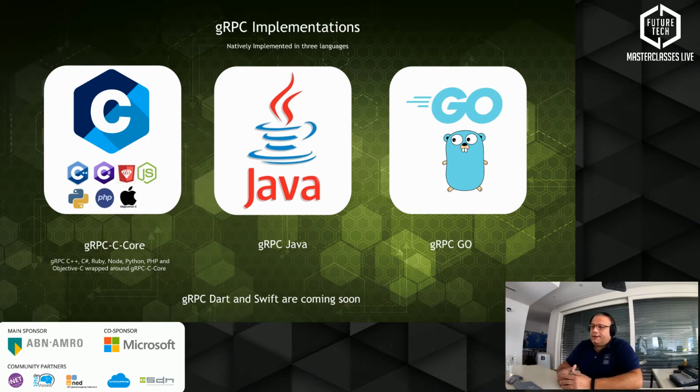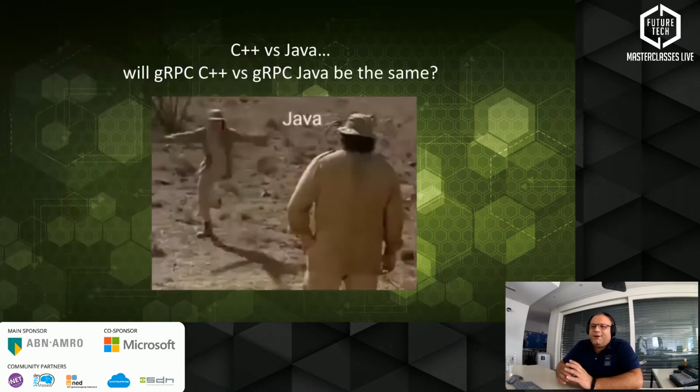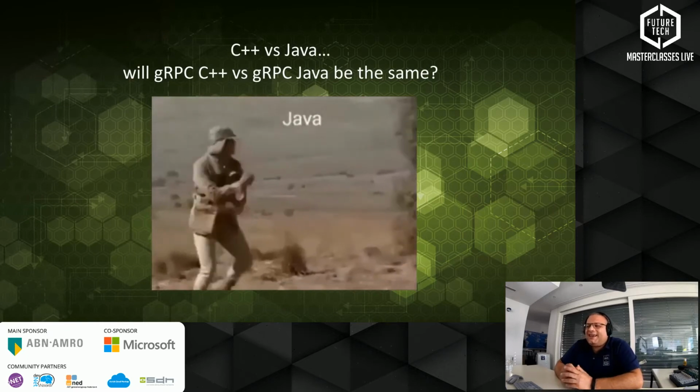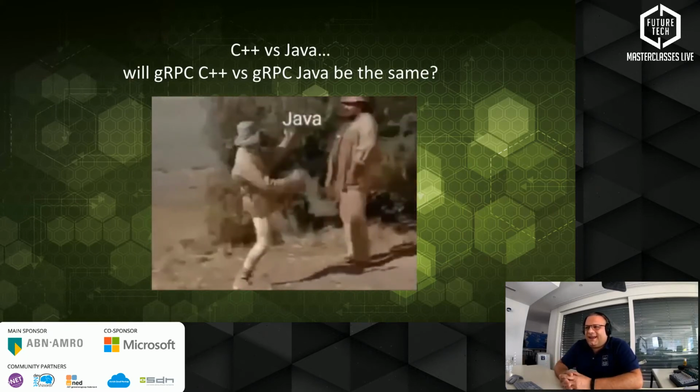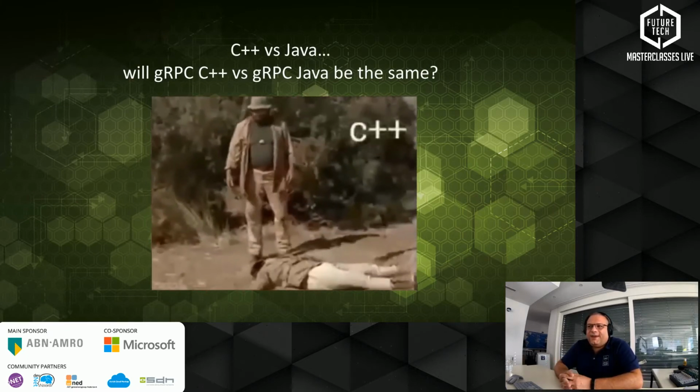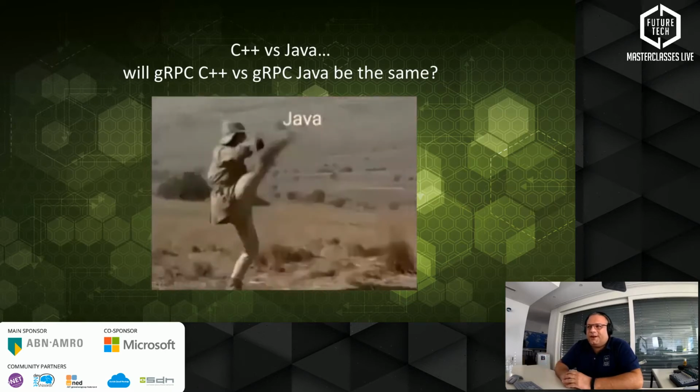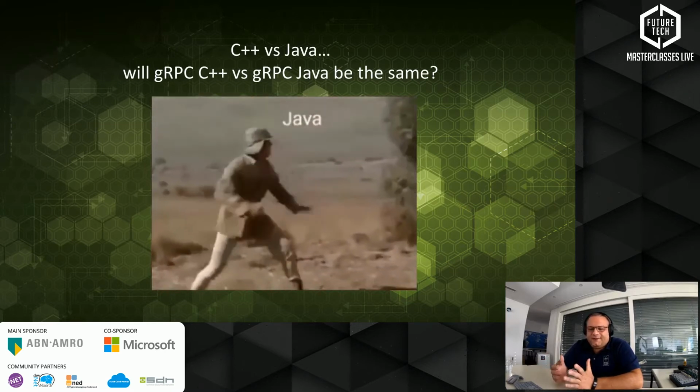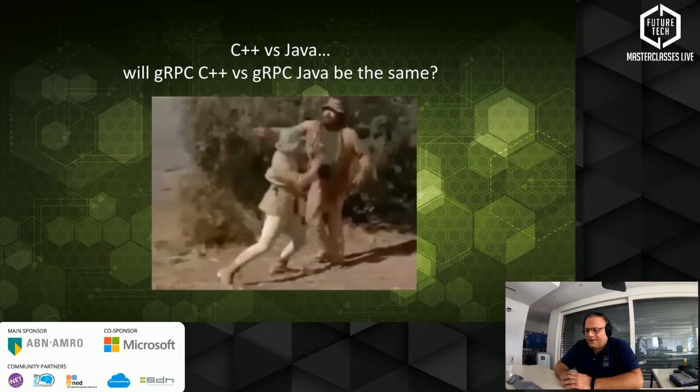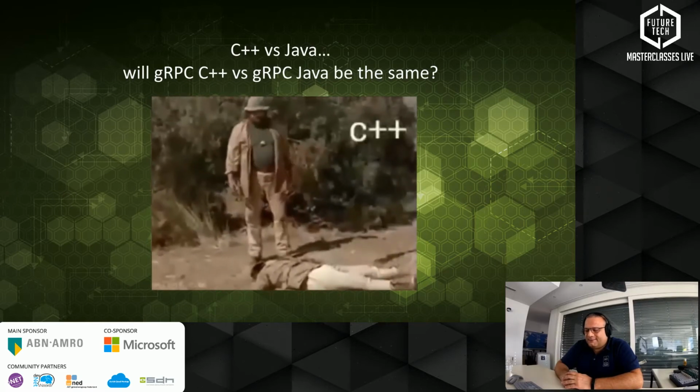When I see a slide like this, where I have C++ and Java on one side, I cannot help thinking about this animated GIF where we always wonder which is the fastest, Java or C++, right?